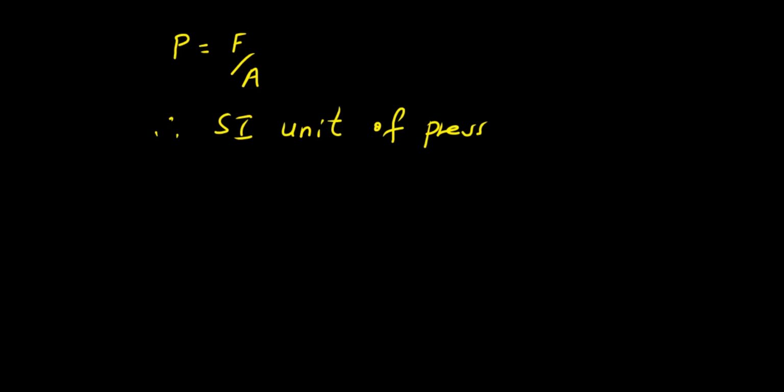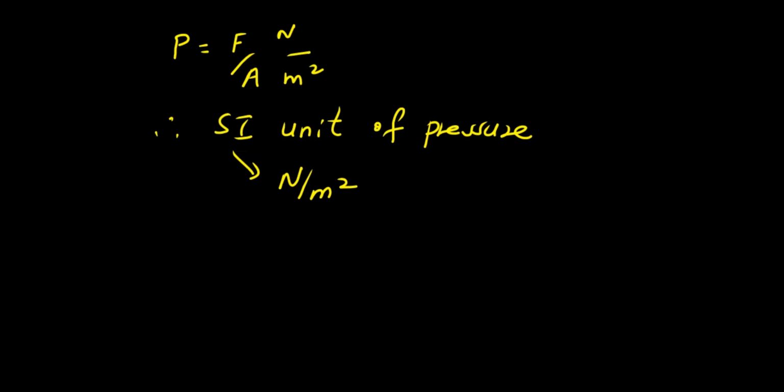From what we've learned, pressure is equal to force over area, and therefore the SI unit of pressure must be force, which gives us Newton, and area, which gives us meter squared. And therefore, because we are dividing these two, the SI unit is Newton per square meter.